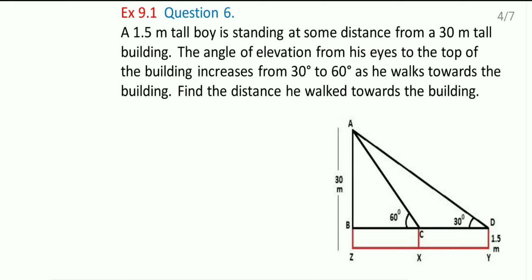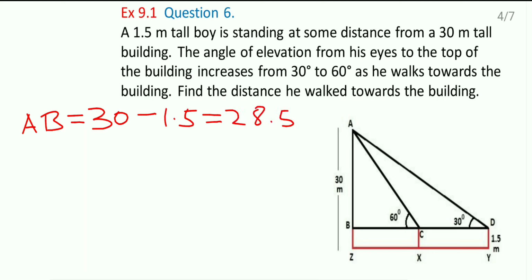First, we need to find out the length of AB. So to get AB, I'll write it down here. AB is equal to 30 meter, which is the height of the building, minus 1.5 meter, which is the height of the boy, which comes as 28.5 meter.